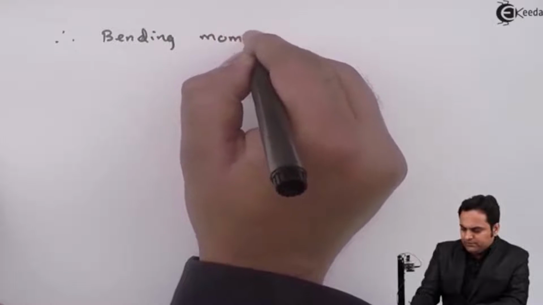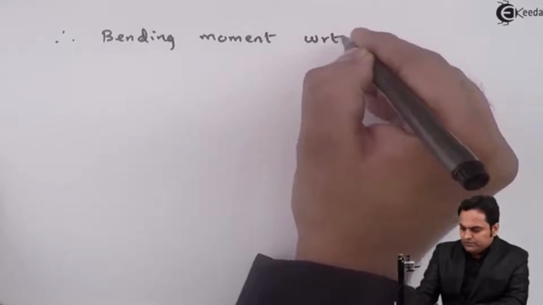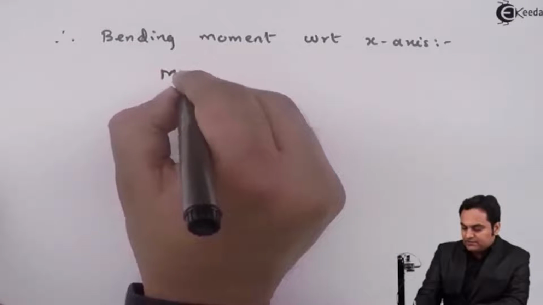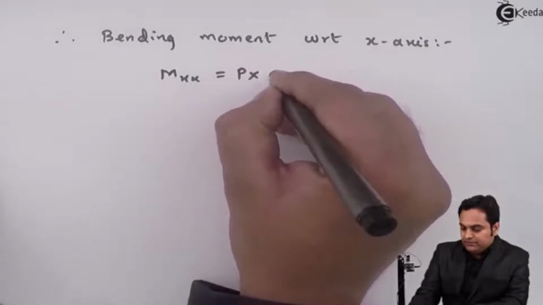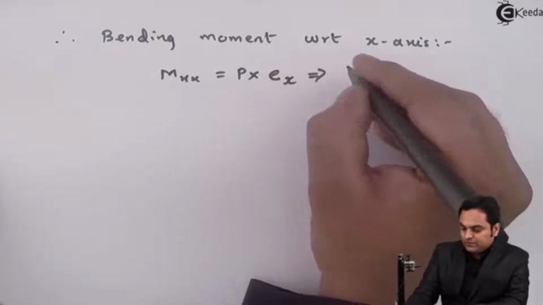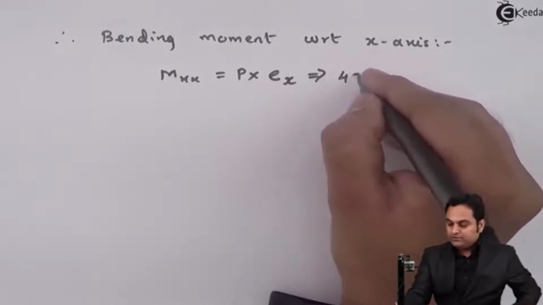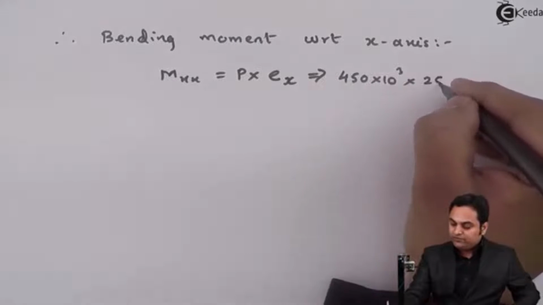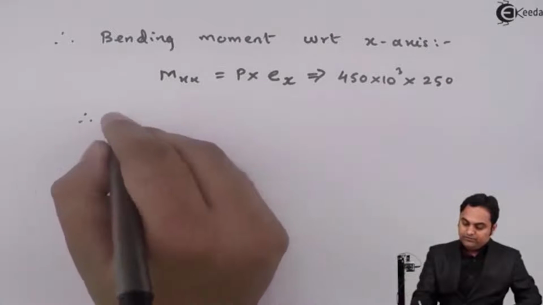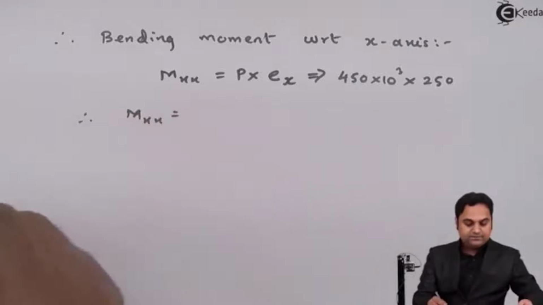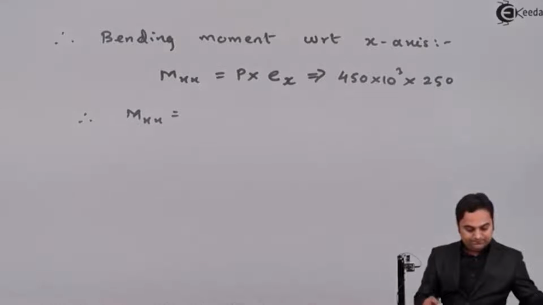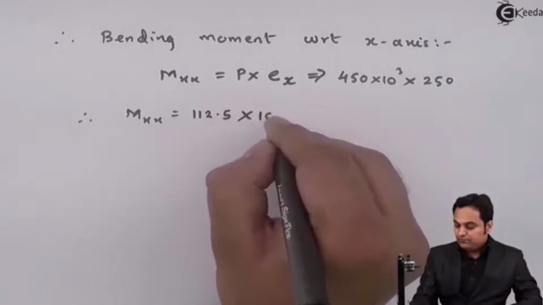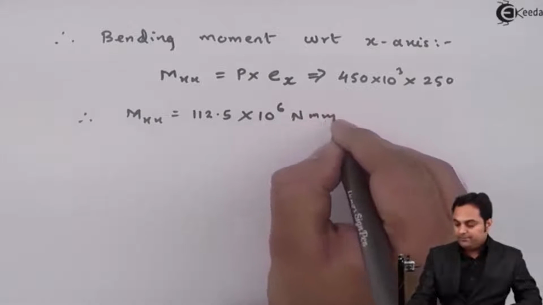Therefore bending moment with respect to x-axis, it is given by Mxx is equal to P into eccentricity with respect to x-axis. Here P is 450 into 10 raised to 3, eccentricity with respect to x, that is 250. So therefore bending moment about x axis comes out to be 112.5 into 10 raised to 6 Newton mm.